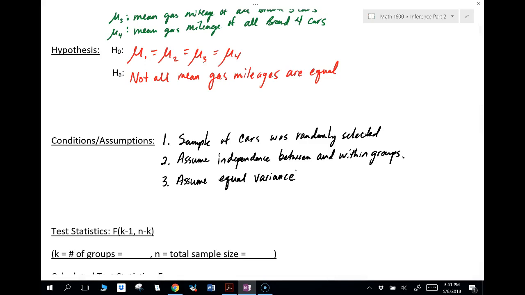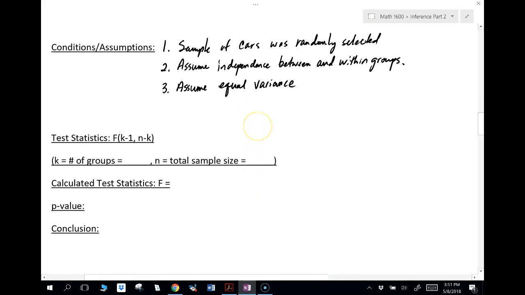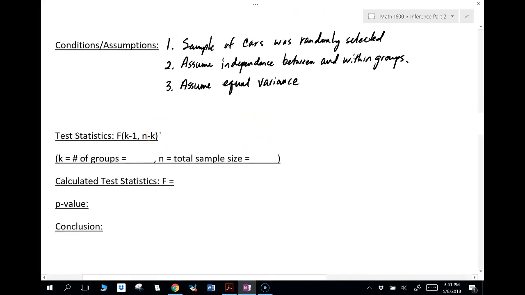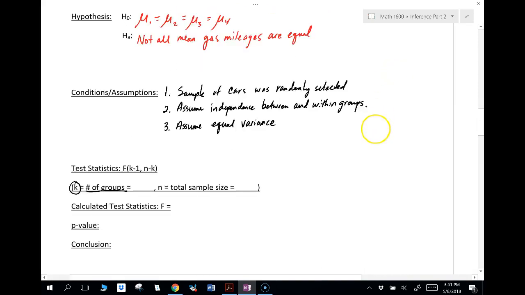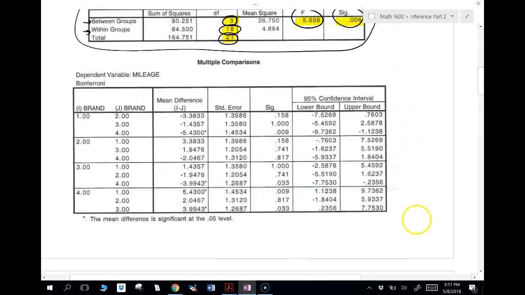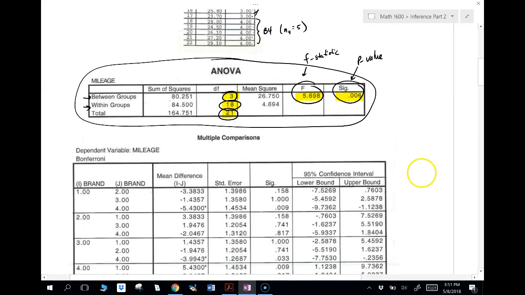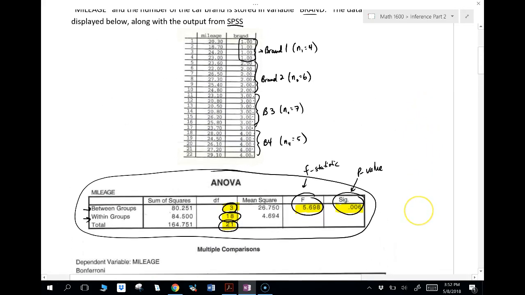Okay, so next I'd like you to write out the test statistic where K is the number of groups. So we're going to go up here. K is the number of groups. So how many groups do we have? 1, 2, 3, 4.